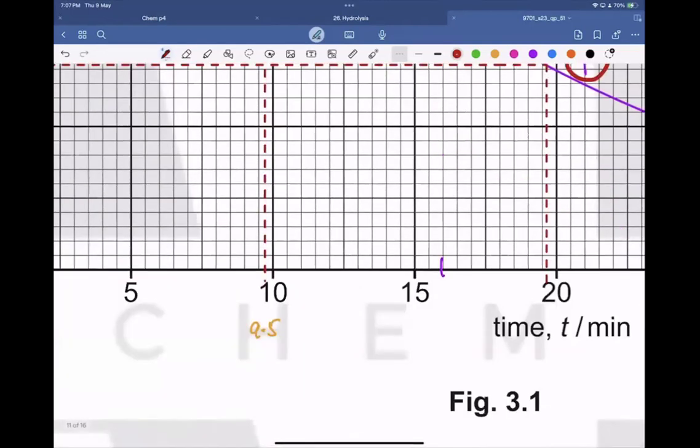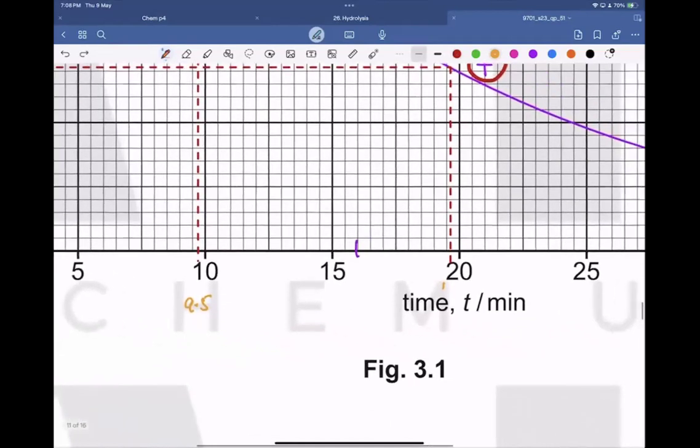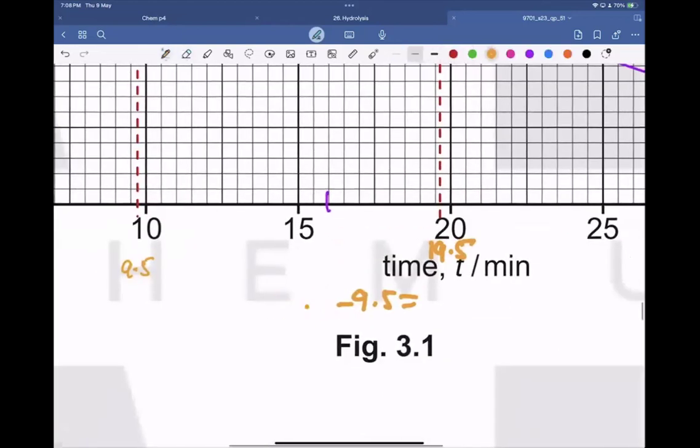So if you see here, I am getting 9, if I'm not wrong, I'm getting 19.5. So 19.5 minus 9.5. No, it's 9, not 19.